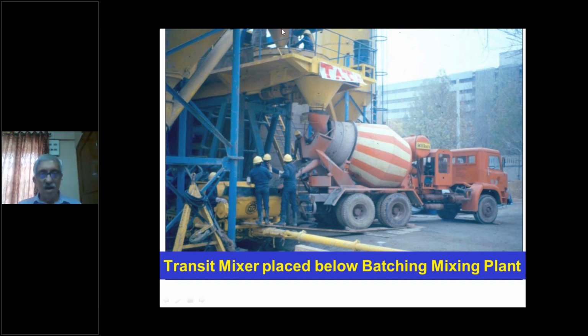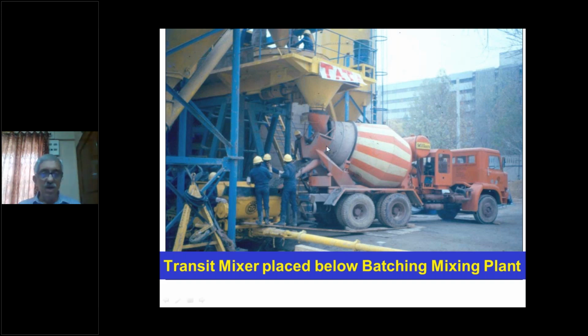The batching plant would unload the concrete into the transit mixer, and whenever the pump operator needs it, he operates the pump and the transit mixer simultaneously and transports the concrete through the pump. There we had an advantage: the batching plant was located just across the road, so we used to block the road with the help of the local police, and pump the concrete to the other side where the raft was being concreted.